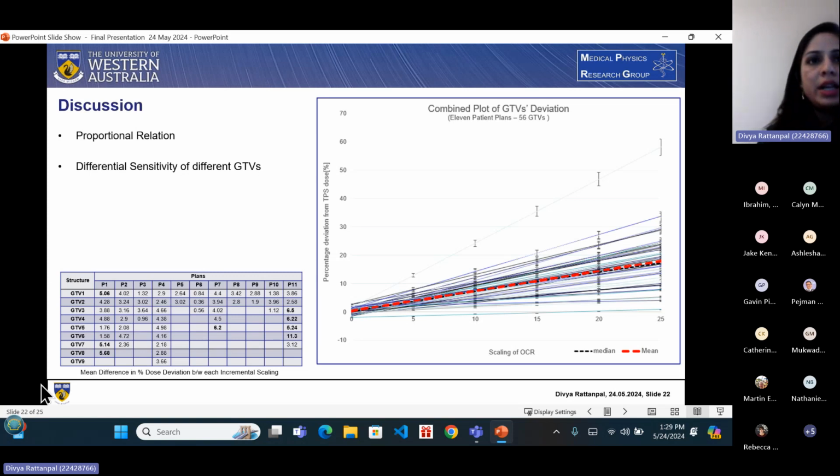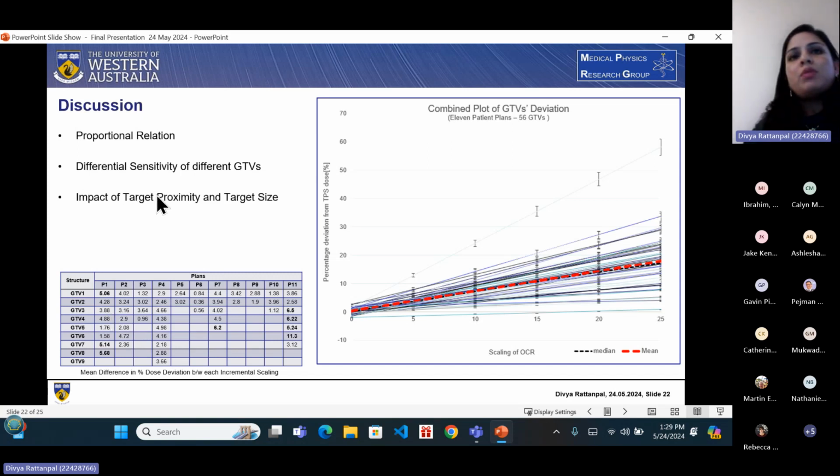So here is the table where I have calculated the mean difference in percentage dose deviation between each incremental scaling. From this table, it can be seen that average GTVs show a differential sensitivity to the changes in off-center ratio data.